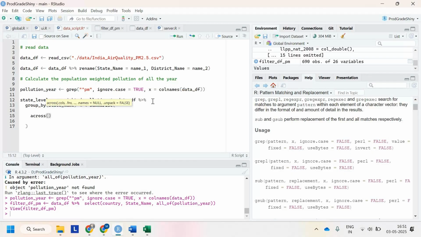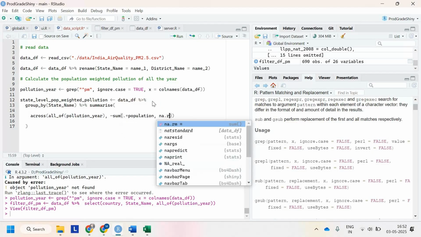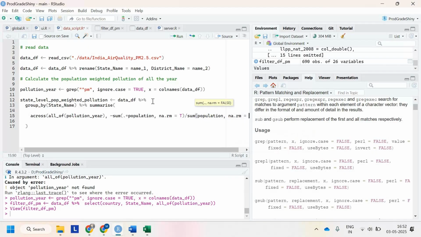So what we are going to do: across all of pollution year, I want to sum all the year multiplied by population, and here we can do na.rm true, and we can divide it by the sum of population, and here also we can do na.rm true.